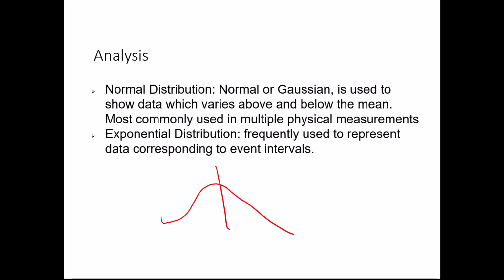So that means the data varies above and below the mean in equal distribution. This is most commonly used when you have a large amount of data and multiple physical measurements. Also sometimes you may have exponential distribution that is frequently used to represent data of inter-arrivals.